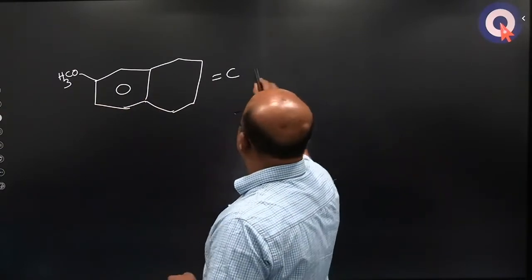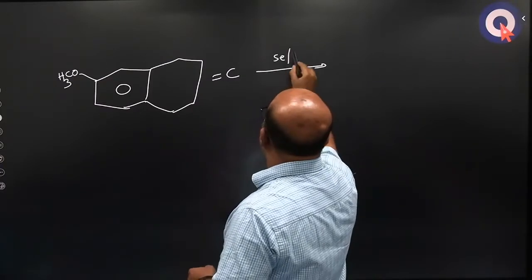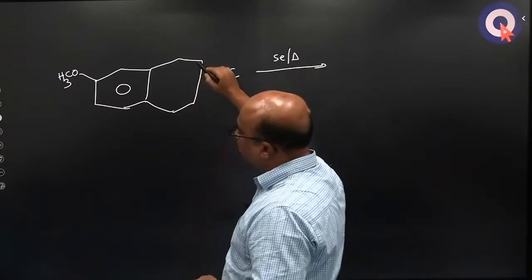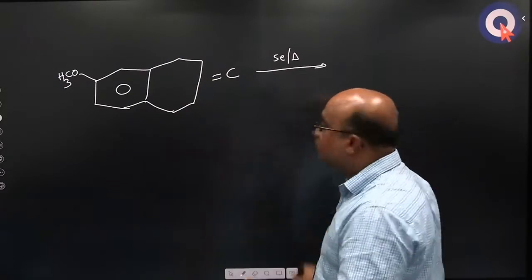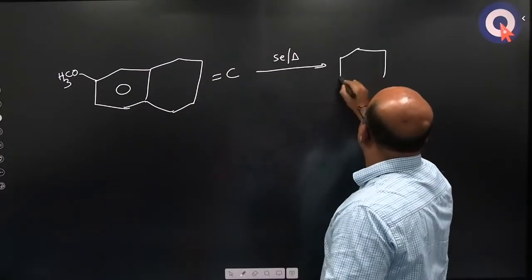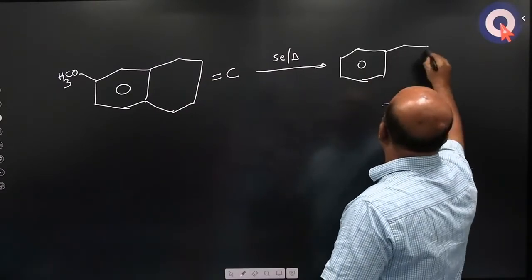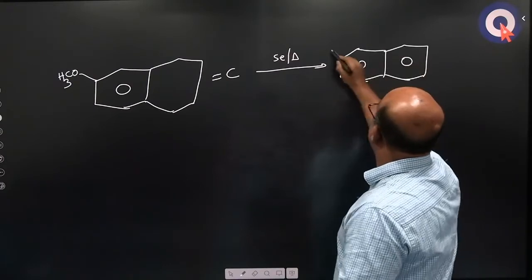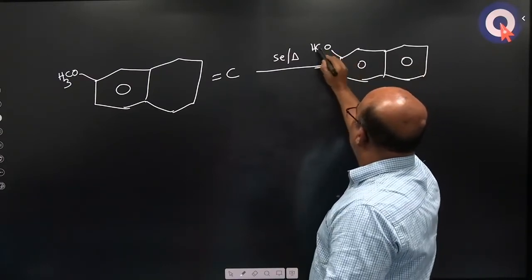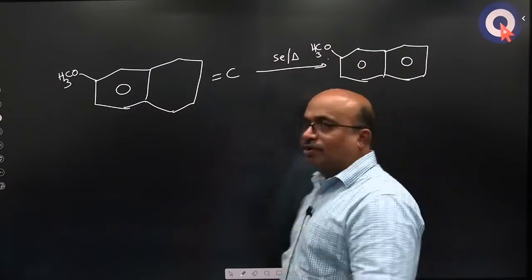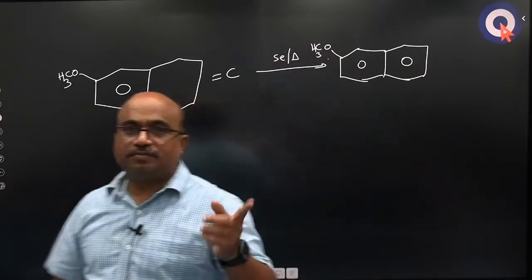Now when this was heated with selenium, it loses the hydrogens and gets double bonds in the rings. So we see this. This was actually given as your final product.